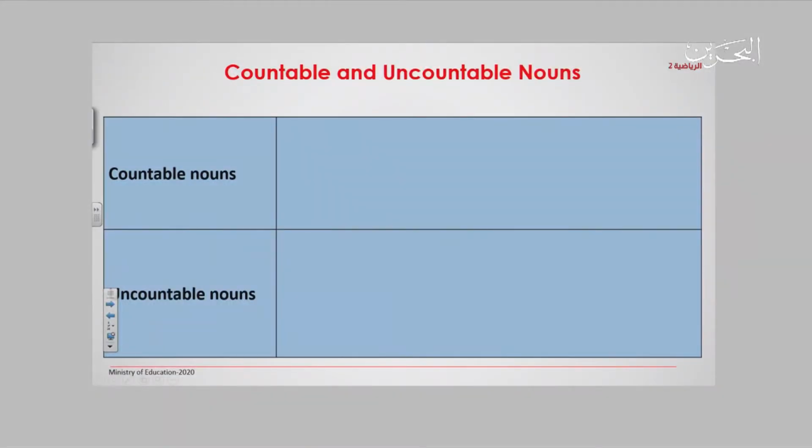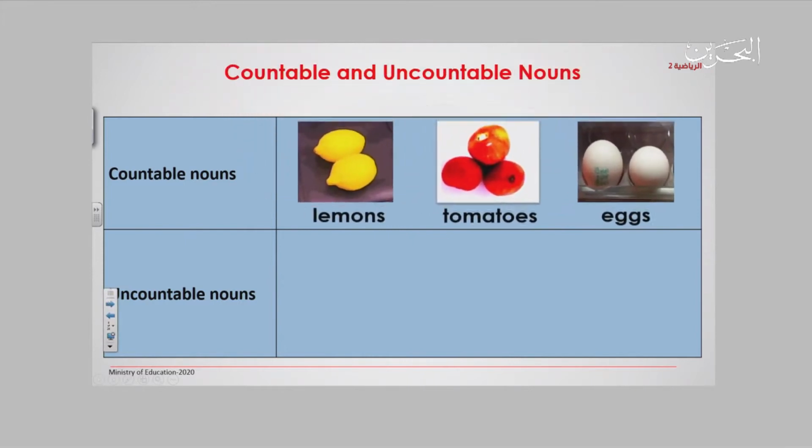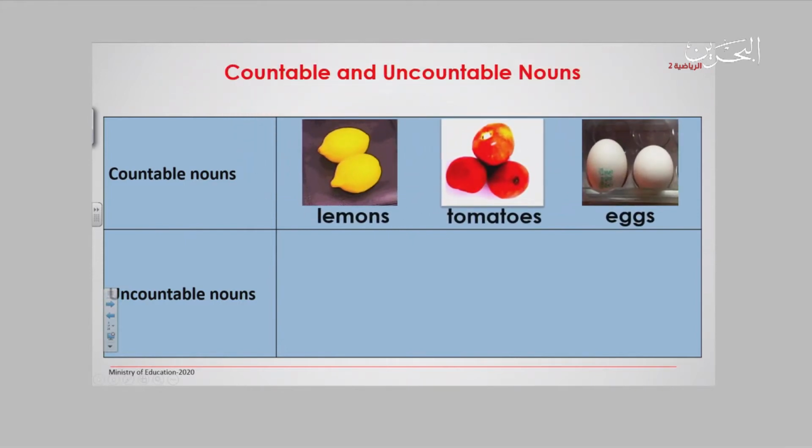Here we have a table. We are going to classify the previous nouns into these groups. We have countable nouns and we have uncountable nouns. For example, in the countable nouns group, we have lemons, tomatoes, eggs.